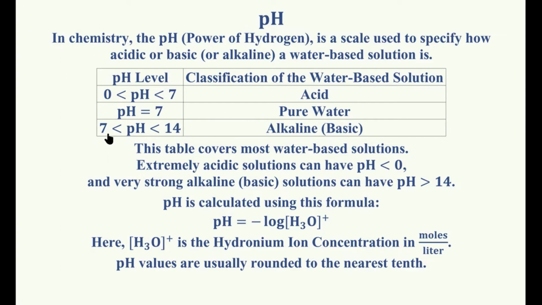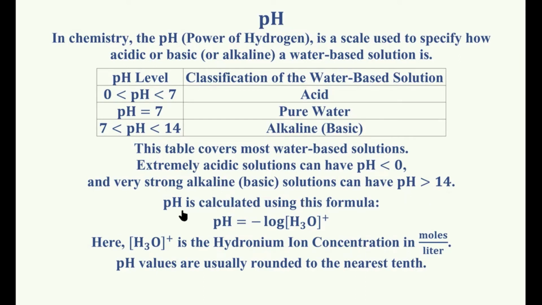And if the pH is between 7 and 14, we call it alkaline or basic. Now, of course, this table covers most types of water-based solutions that you will see. Extremely acidic solutions can have a pH that is less than 0, and extremely alkaline solutions can have a pH greater than 14. But both of those are extremely rare.